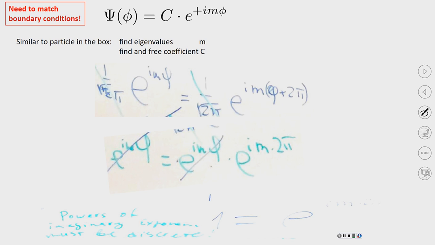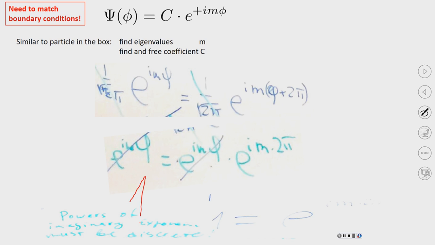So how do we practice it? Well, we just plug in phi and phi plus 2 pi into our fundamental form of the solution, right? What is next? Then e to the i m phi is cancelled on the left and right, and we have an equation.